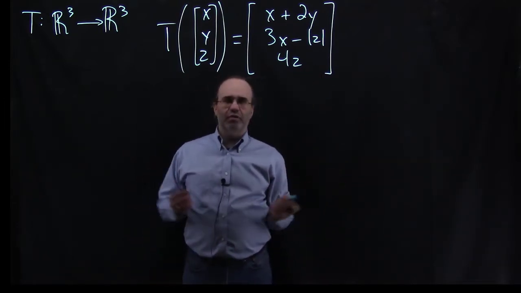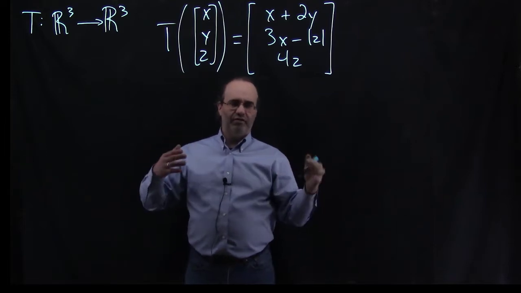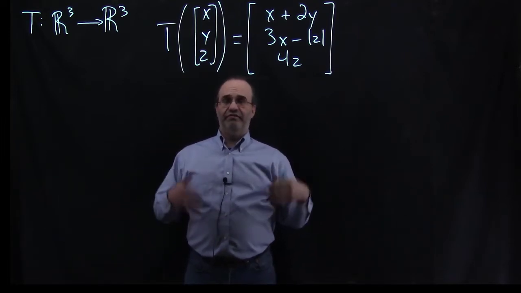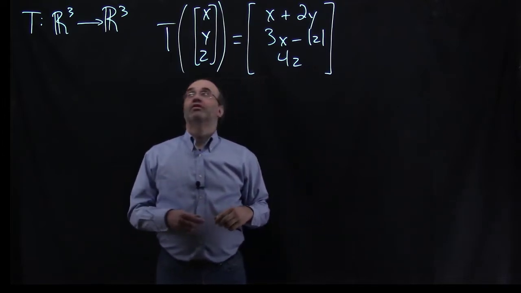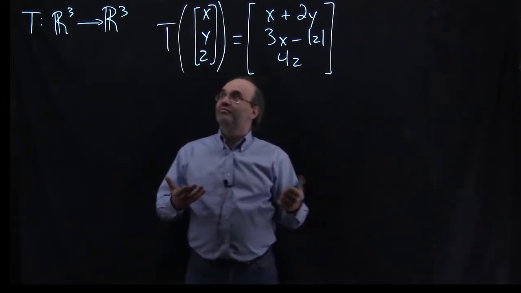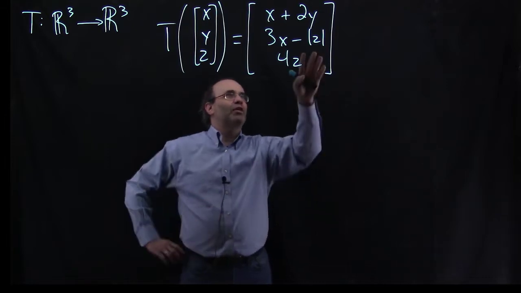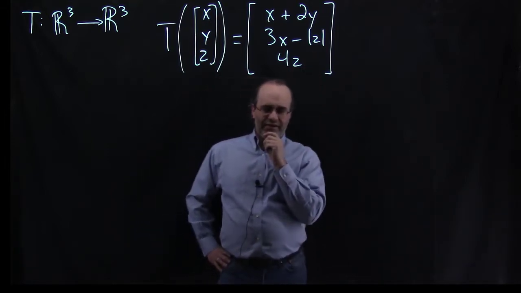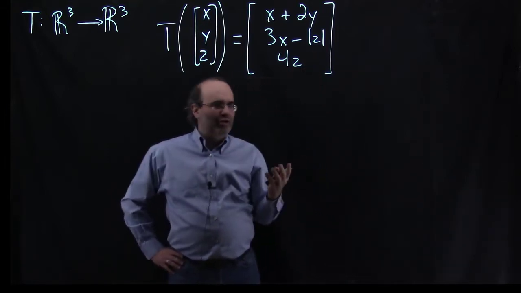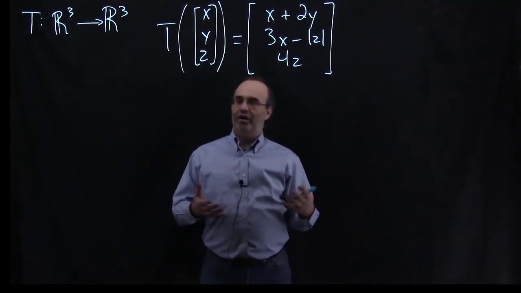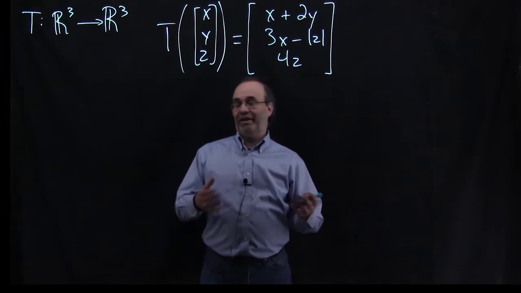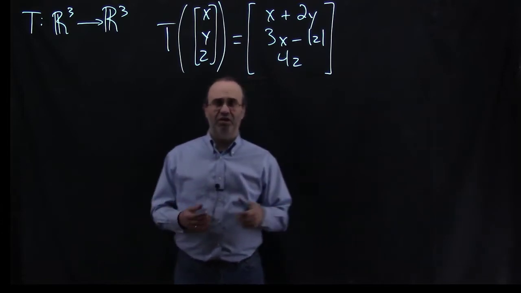Well, to check this, we have to see if both axioms in the definition of a linear transformation are satisfied. So a priori, this is not entirely clear, but remember that in linear algebra, the operations that we are allowed to do with vectors are addition and scalar multiplication.